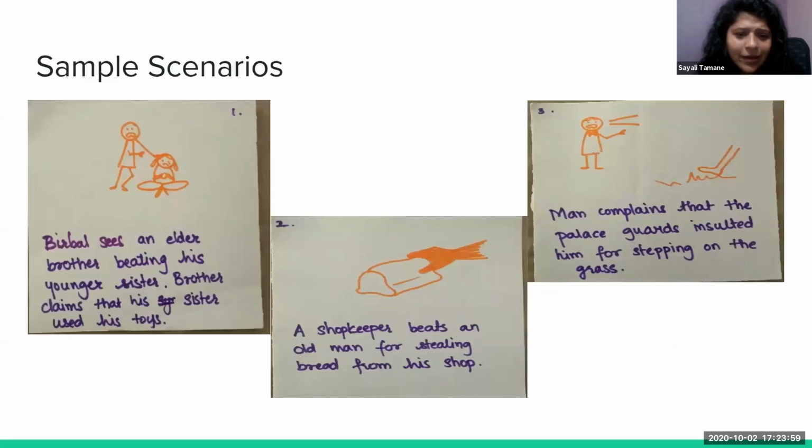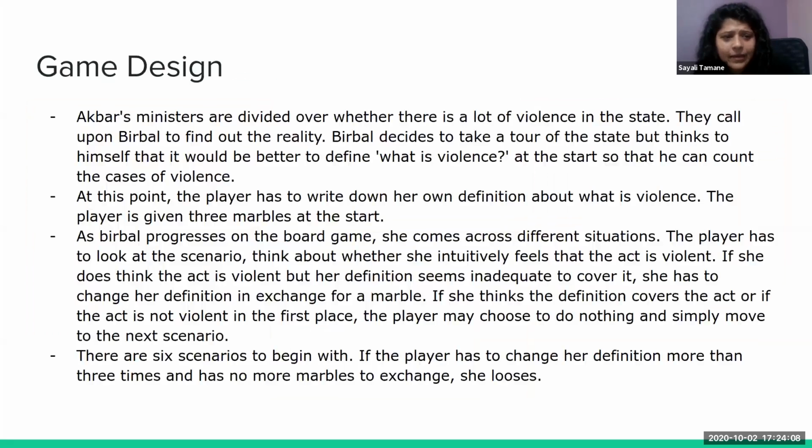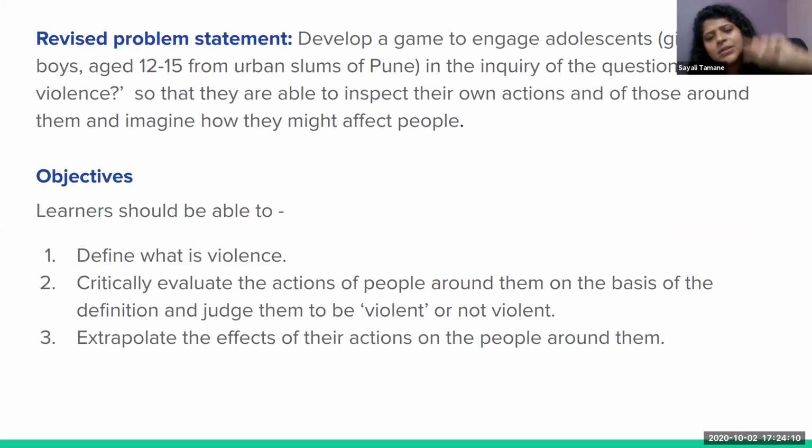So I would say this is where we were at the end of the workshop, where we had a certain level of problem statement defined, and two or three important objectives that we wanted to achieve articulated, and a game design to support that.